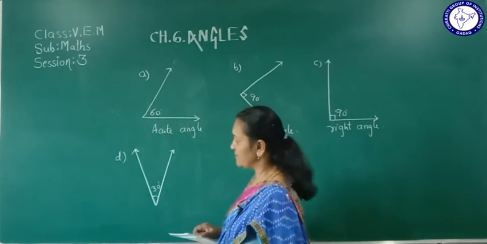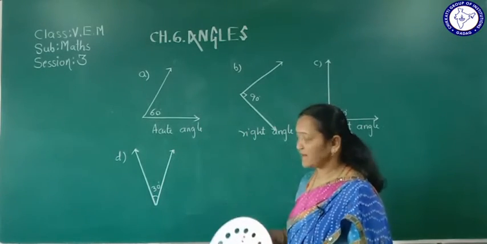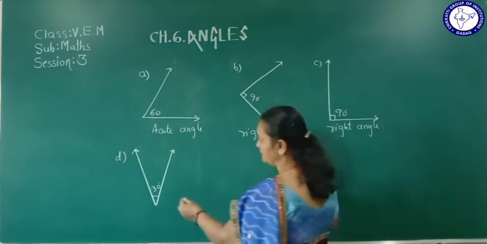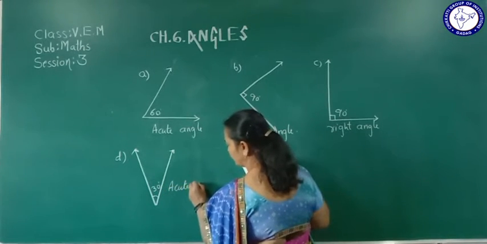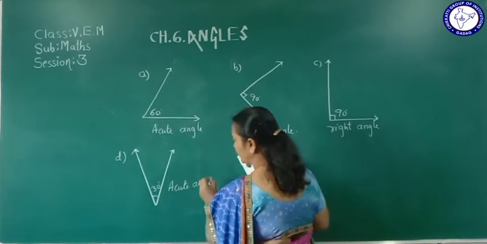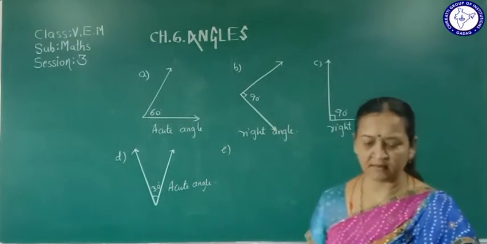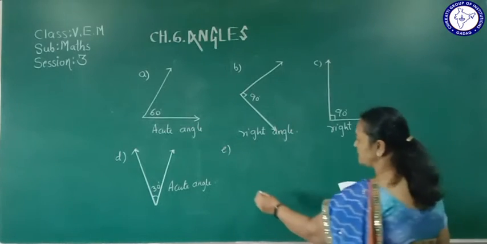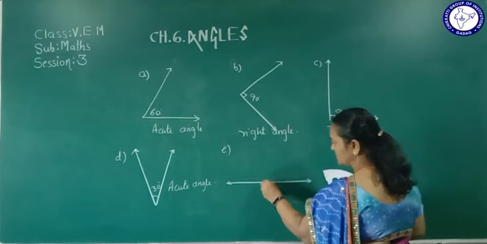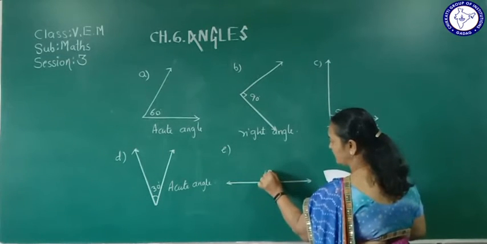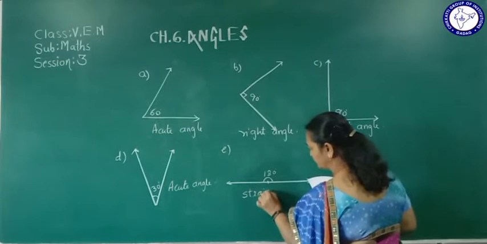If you keep protractor in your book, you will find that this angle is 30 degree. If it is 30 degree, it is acute angle. Then E question. E question is, one straight line is drawn. Okay, so here you will find 180 degree and this is straight angle.